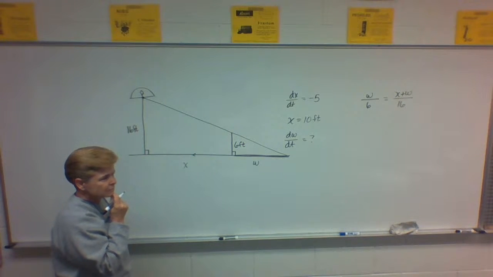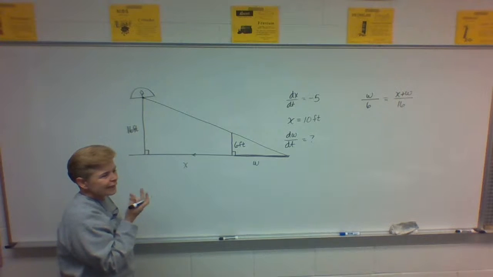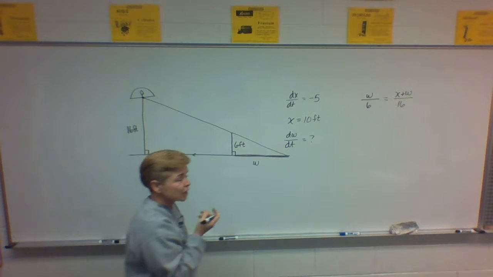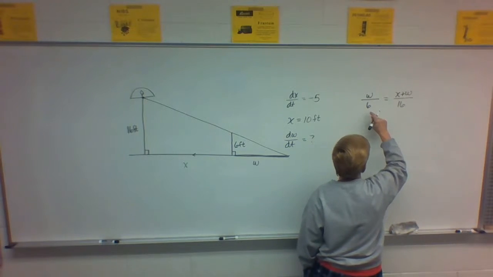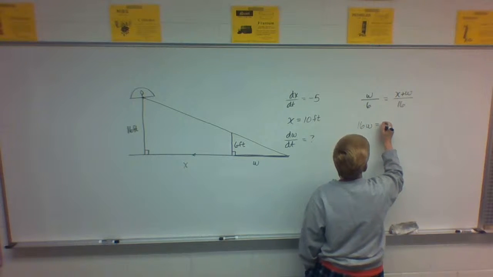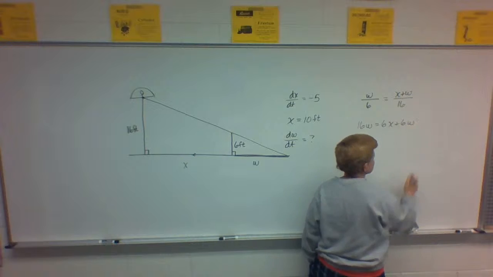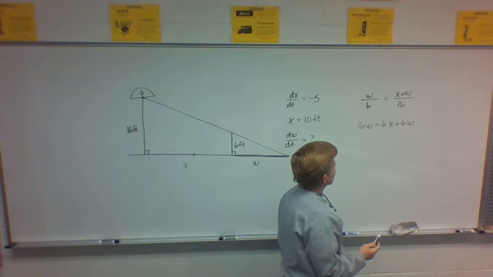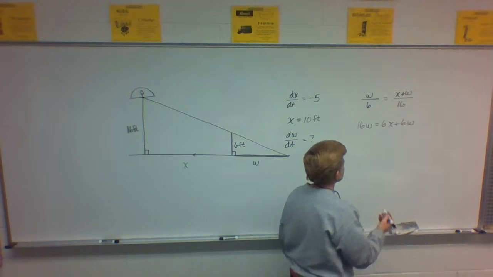See it? Everybody clear? I'm going to cross multiply again to flatten things out before I try to do any differentiating. I was going to reduce these, but you did put those together in a ratio, so I'll leave it where it is. 16W equals 6X plus 6W. I can even do a little bit more to this before I start deriving.